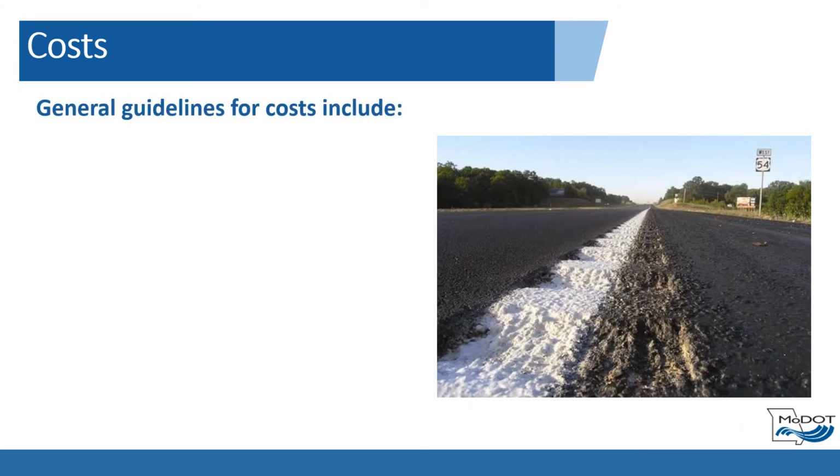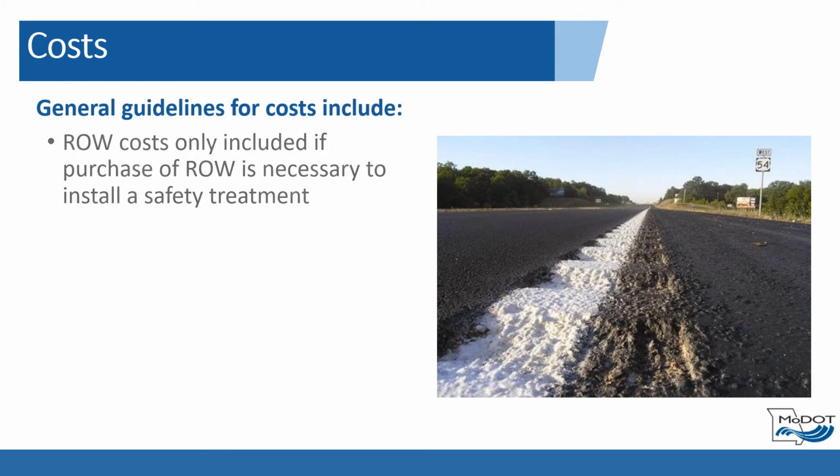General guidelines for costs include: right-of-way costs are only included if the purchase of right-of-way is necessary to install a safety treatment. An example would be adding shoulders, which would change the ditch line and require additional right-of-way.